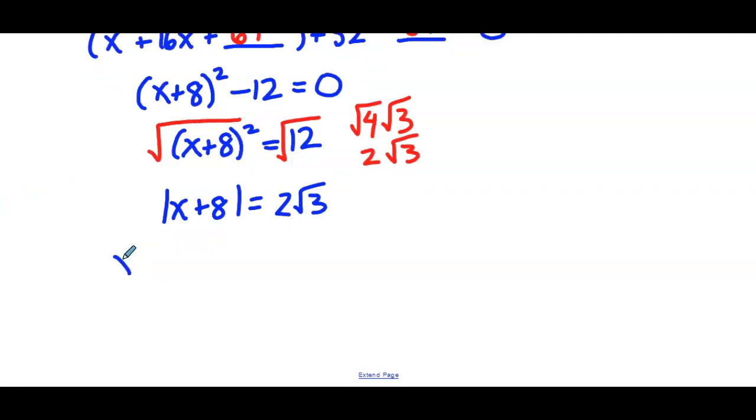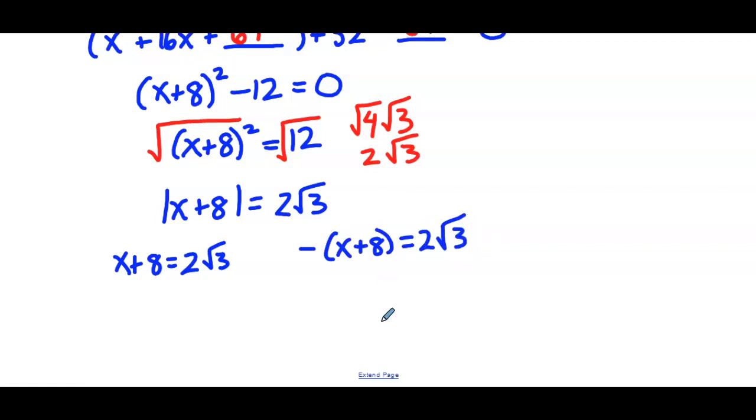Okay, so we have x plus 8 equals 2 square root of 3. And we have the negation of x plus 8 equals 2 square root of 3. So here we can subtract 8 from both sides, so x equals negative 8 plus 2 square root of 3.